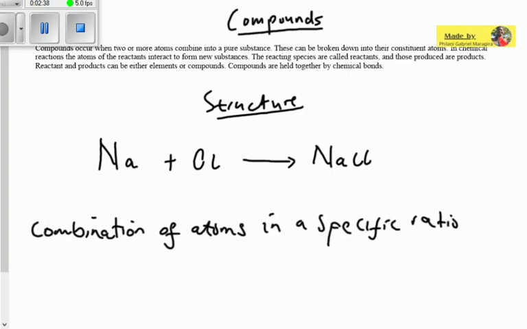What do we mean by a specific ratio? A specific ratio is the amount of atoms which are needed to form a compound.